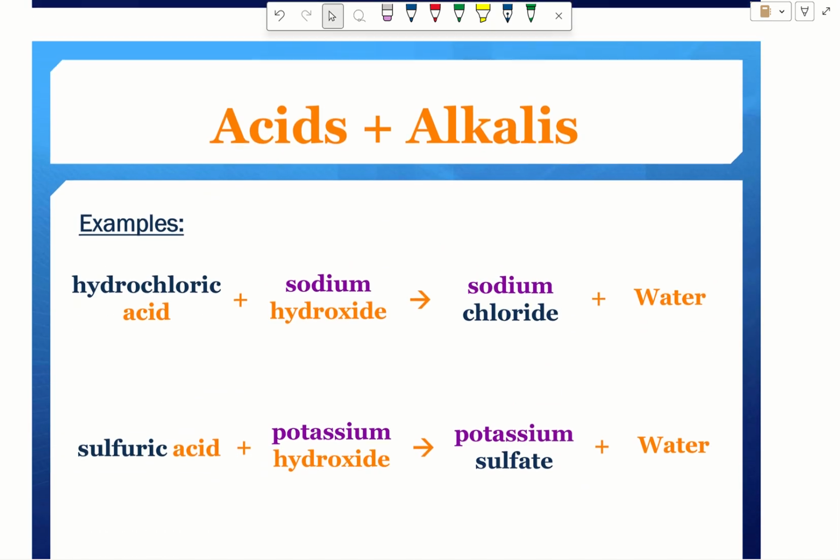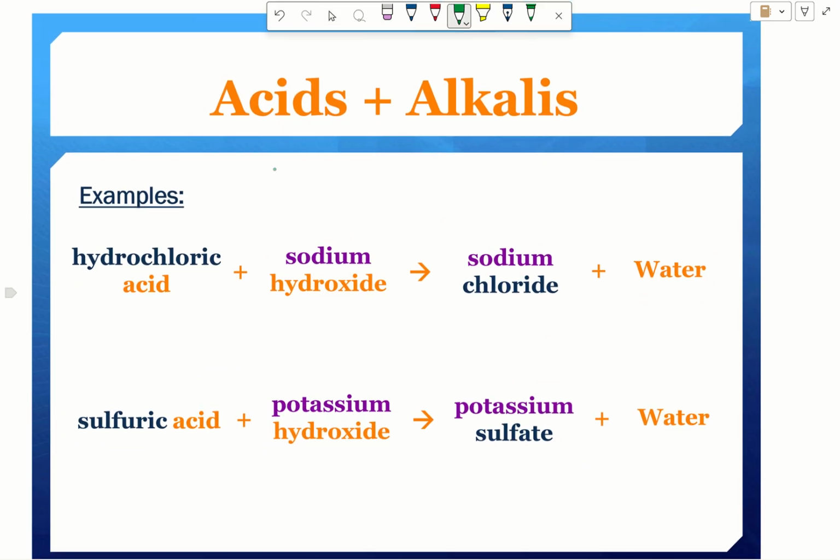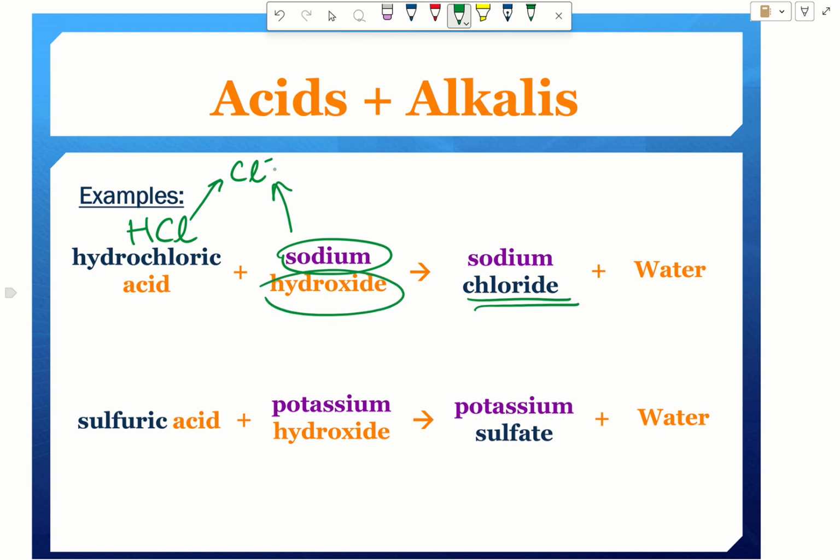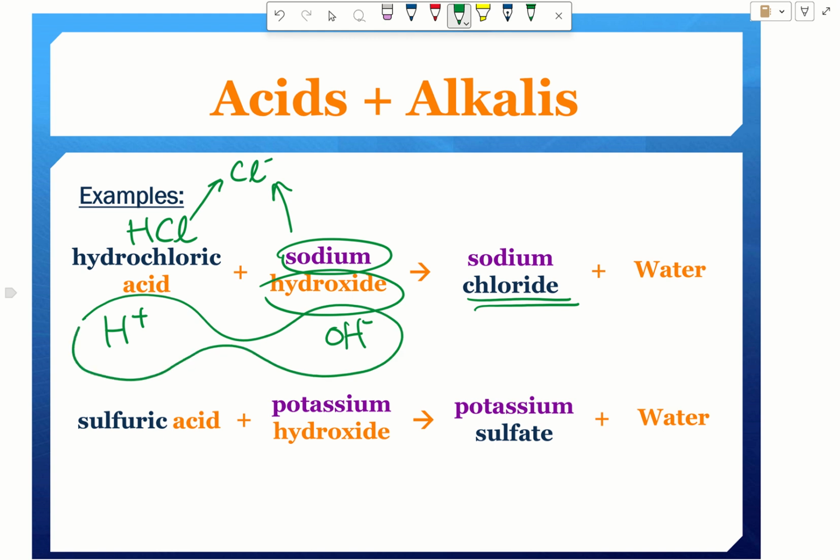So acid plus alkaline, hydrochloric acid, write this down again, HCl, and the chloride is what is going to be forming in the salt, and we take the metal to form with this chloride. So what happens to the hydroxide? Still remember what hydroxide is? Hydroxide is OH minus. It will form with H plus of the acid. These two will come together and form my water.